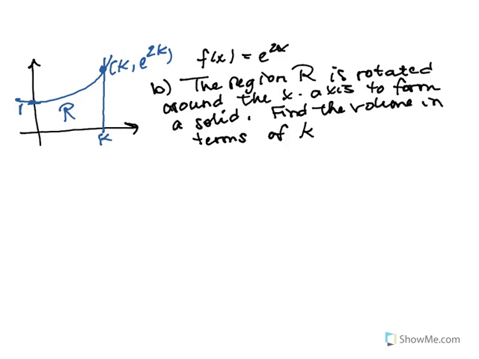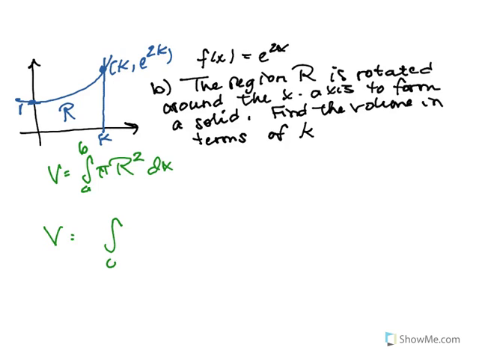All right, next part. The region R is rotated around the x-axis to form a solid. Find the volume in terms of k. All right, so if we're rotating around the x-axis, then I'm not going to have a hole. And so again, my formula is just pi big R squared dx from a to b.